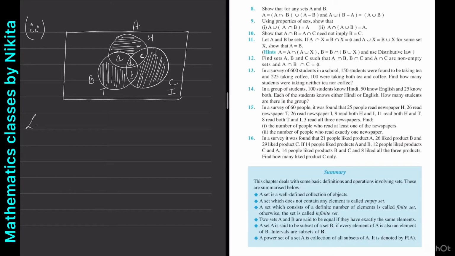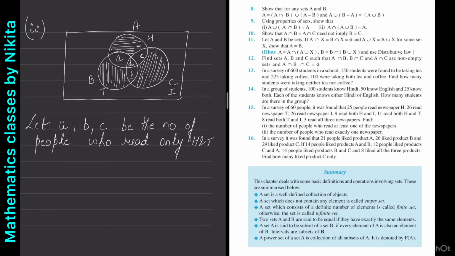So let first of all A, B, C be the number of people who read only, so A is only H and T, comma, T and I, or you have H and I respectively.